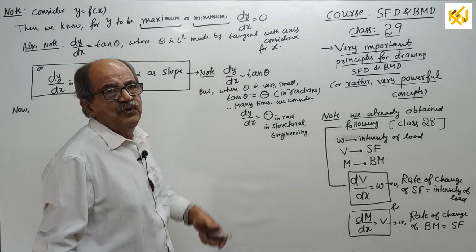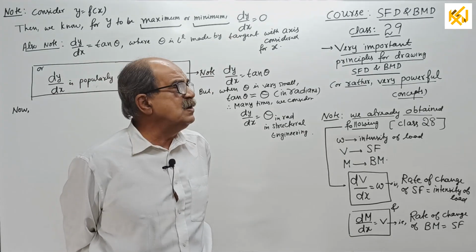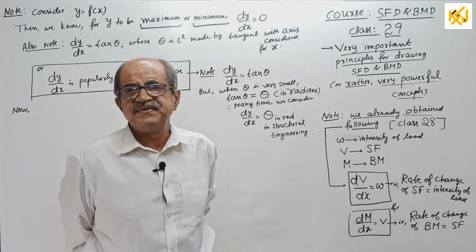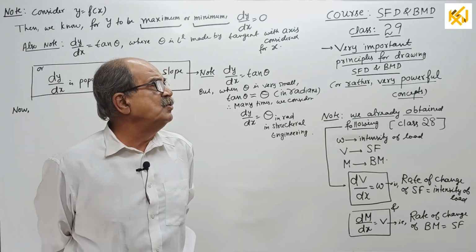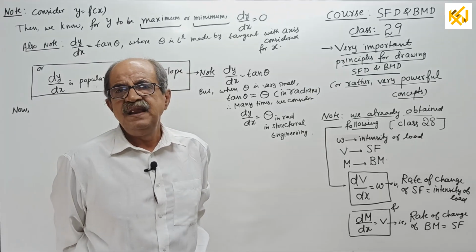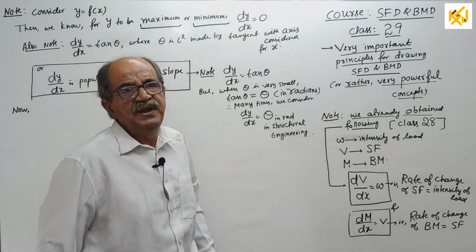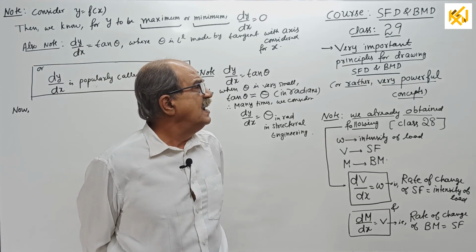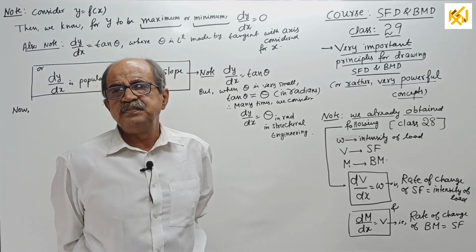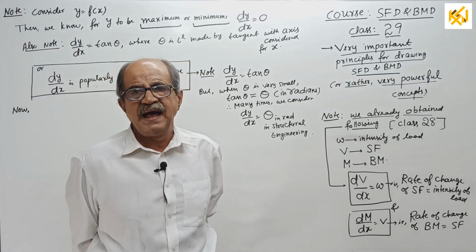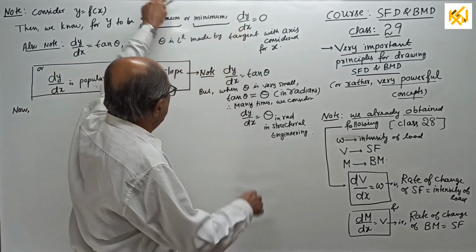That is, for a function y which is f of x, if you want a maximum value or minimum value, then the condition is that dy by dx is 0. If you differentiate y with respect to x and equal to 0, you get the location where it is either maximum or minimum. I will give the reason now.